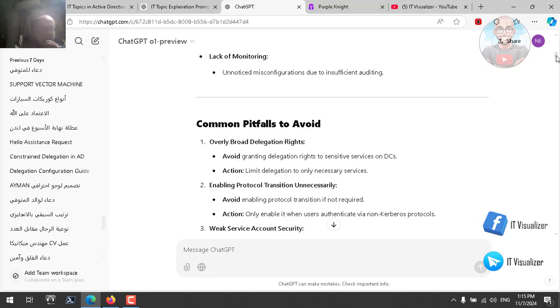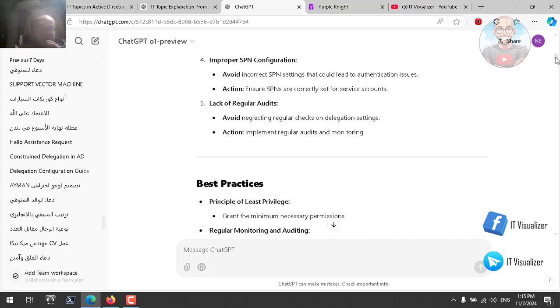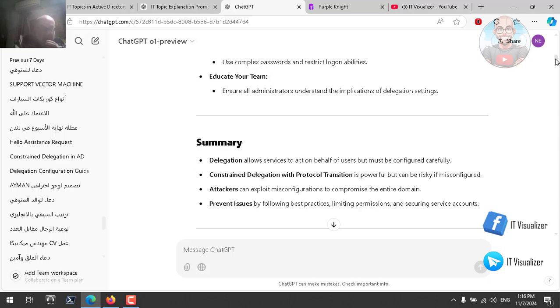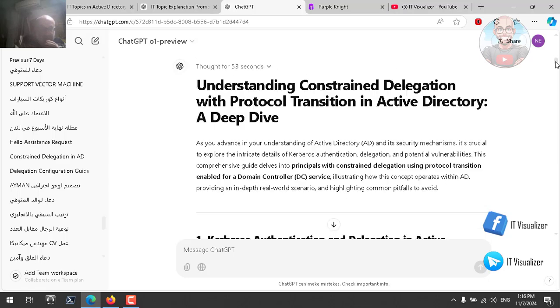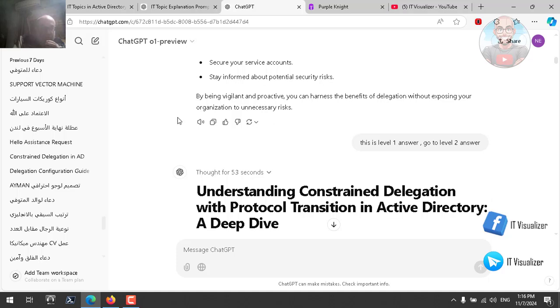So let's read the answer carefully and see what it says exactly. You can see a very, very organized answer by ChatGPT o1 preview, which I think will be ChatGPT 5. Its answer is very, very good, better than ChatGPT 4o, which is the current model.